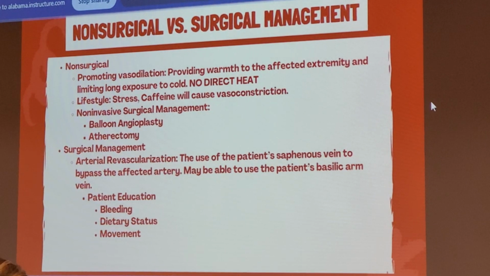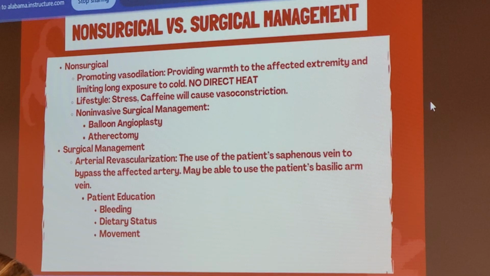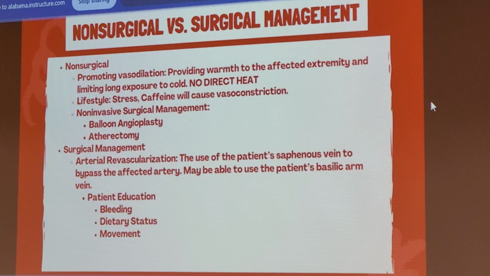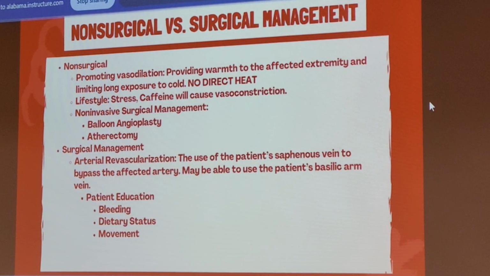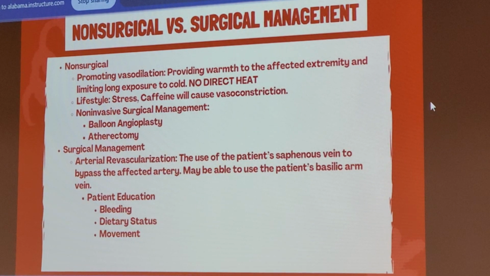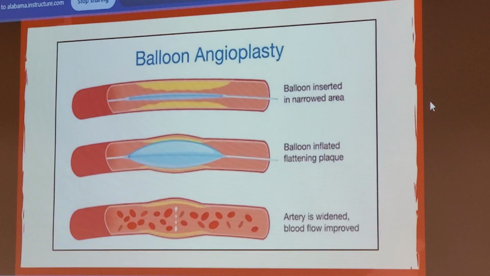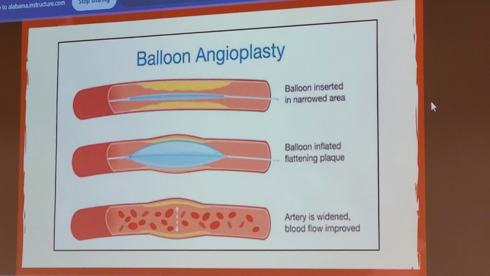Then we can move on to some more non-invasive surgical management. This can also occur with a blood clot, or right before a blood clot occurs. Hopefully we can get some non-invasive surgical management first and prevent this from occurring. So we have what's called a balloon angioplasty. I think I got a picture of it. Yep, I do.